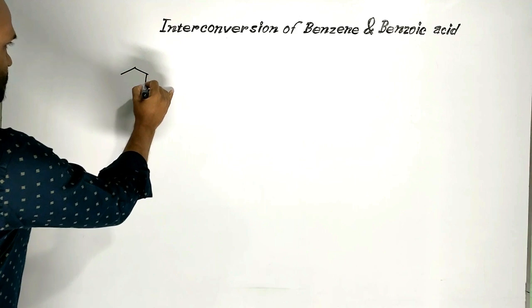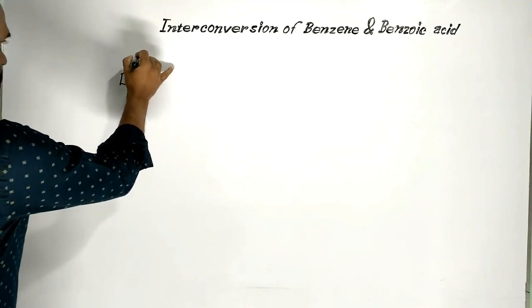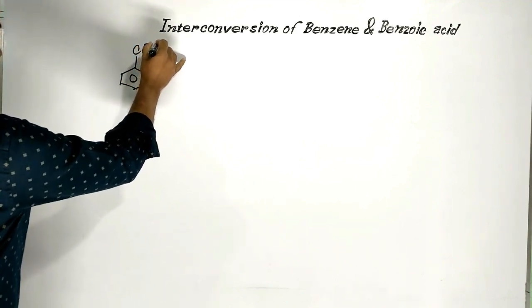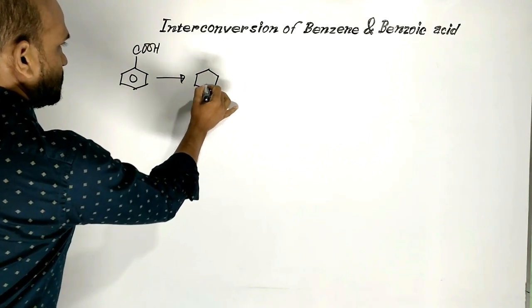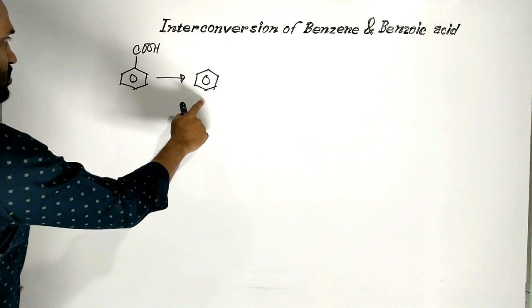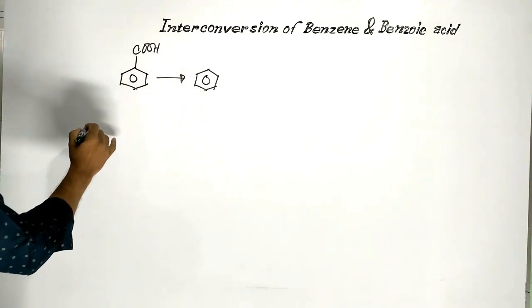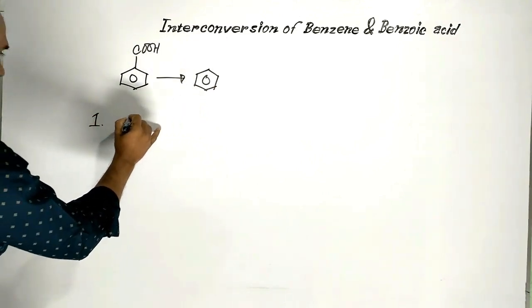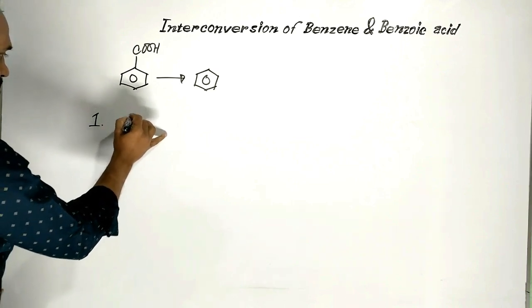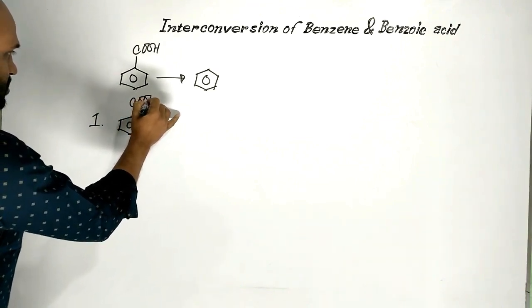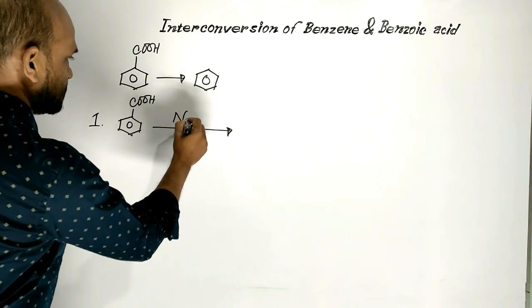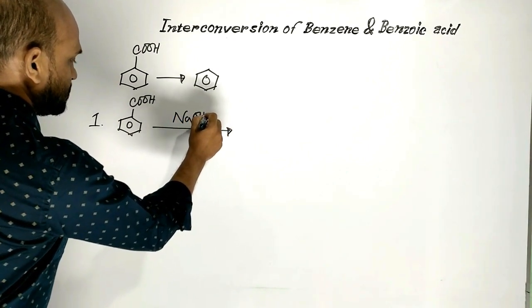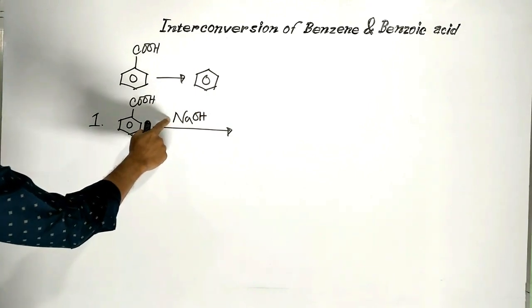Now benzene from benzoic acid. In this case, first of all, benzoic acid is treated with sodium hydroxide.